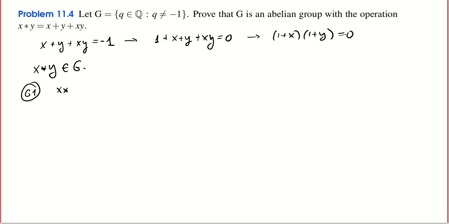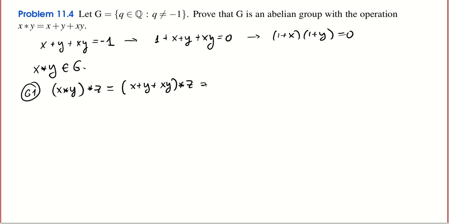So what we have to do is to make this operation and then do the operation with the third element, which is not -1. So the operation with this is equal to x plus y plus xy, then plus z plus xy times z, right?